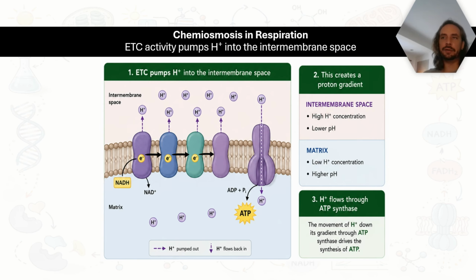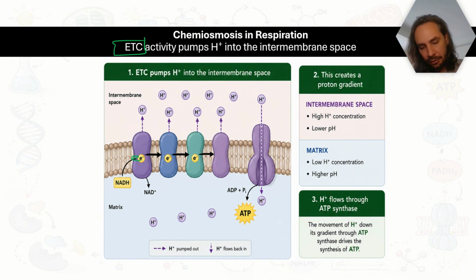Now, chemiosmosis, chemio just means chemical osmosis. So it is where we will be using a proton gradient to create energy. Now, what happens both in chloroplasts and within mitochondria is we'll have the electron transport chain.